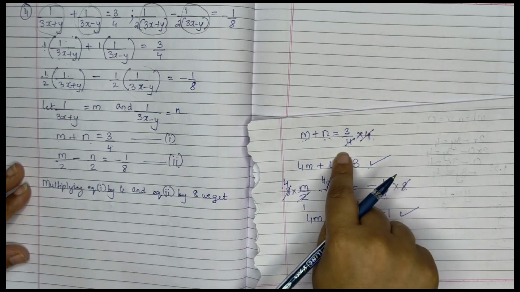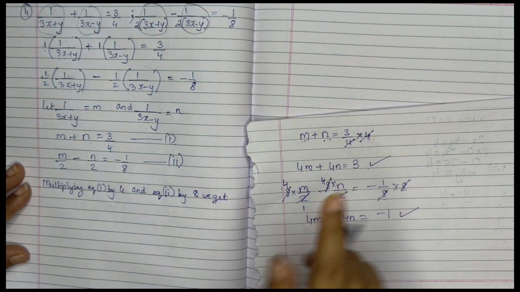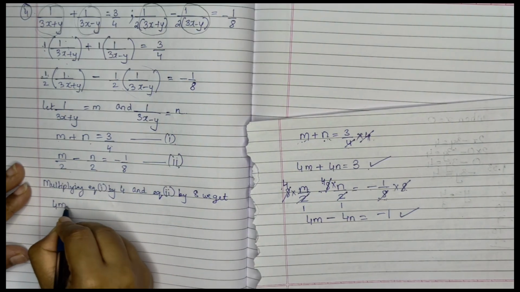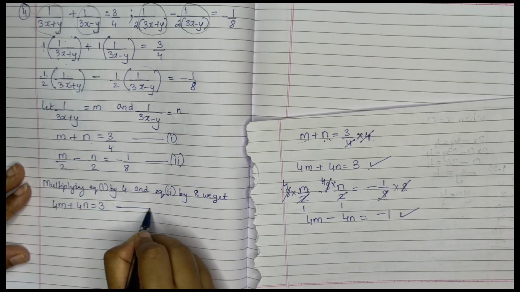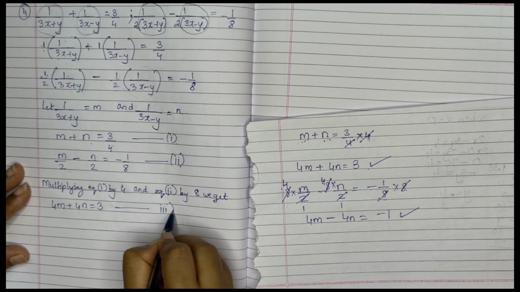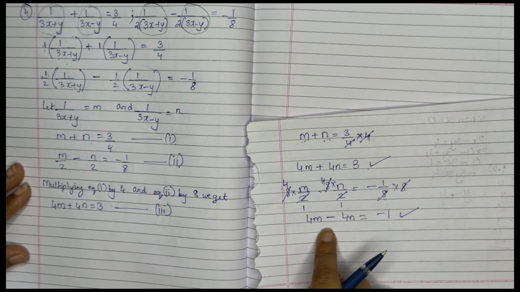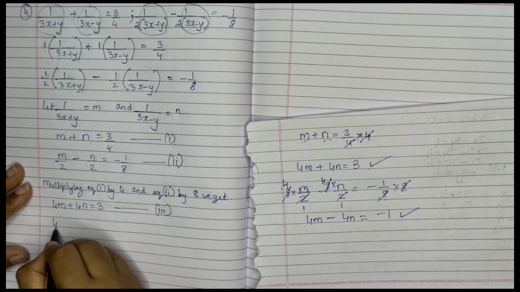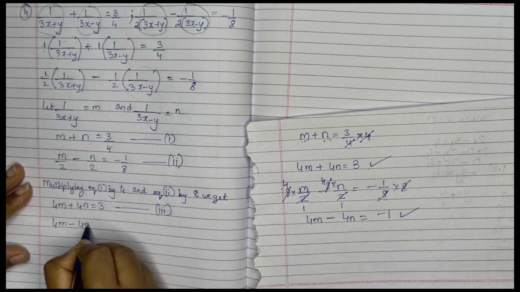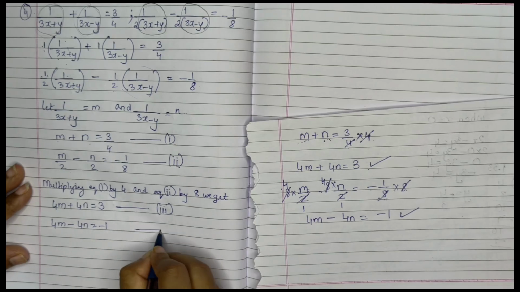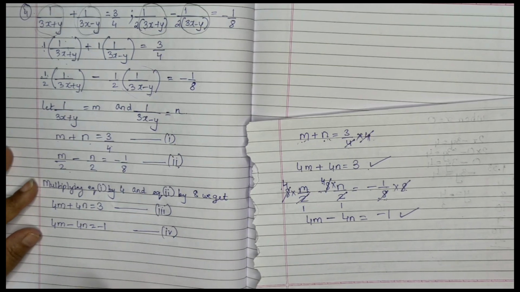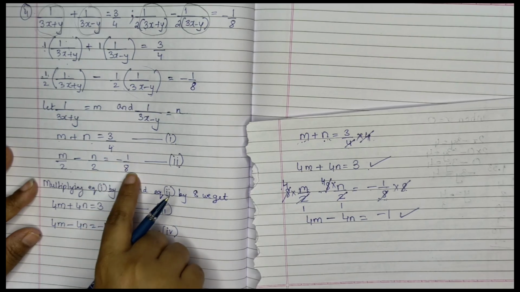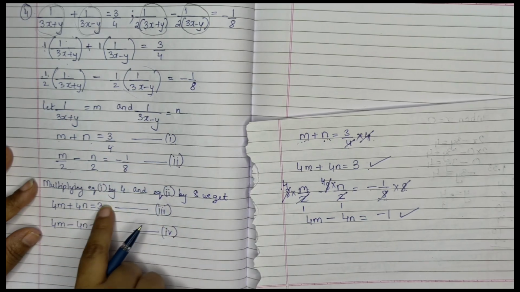When you multiplied by 4, you got a new equation, that is 4m plus 4n is equal to 3. This will be our third equation. And another equation we got, 4m minus 4n is equal to minus 1. This is our fourth equation.